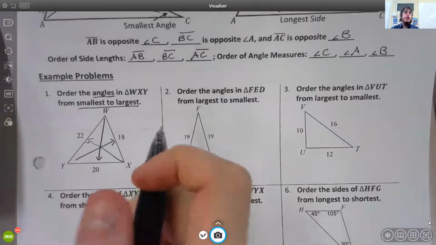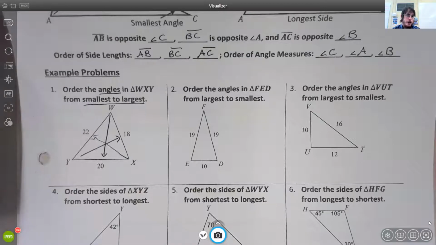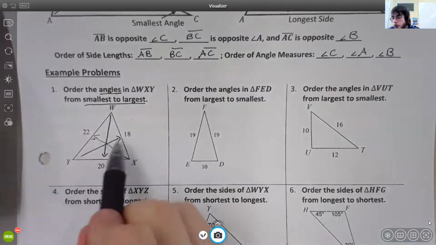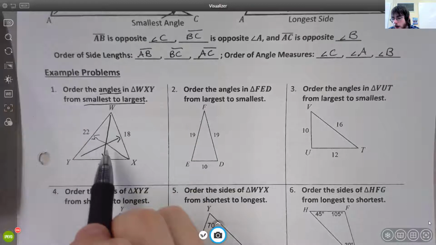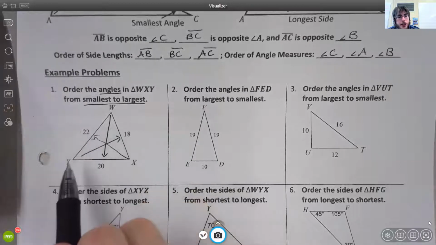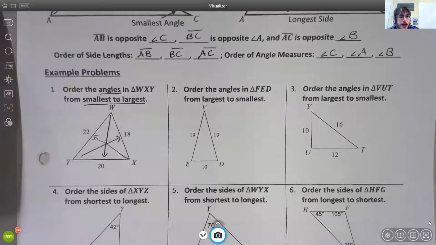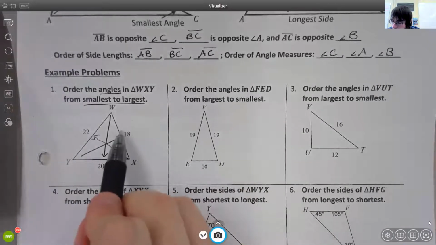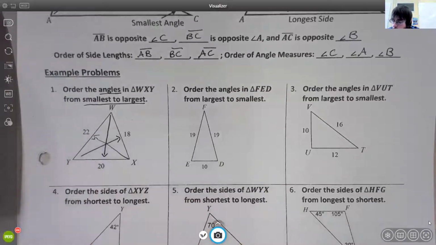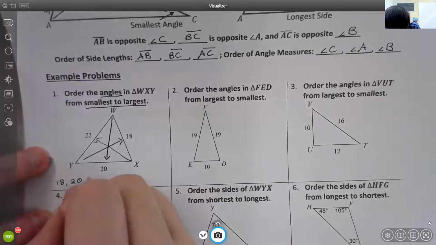Now, the smallest angle is opposite the shortest side. The largest angle is opposite the longest side. So whatever order our sides go in from smallest to largest would be the order that the angles have to go in, whichever ones point to those sides. So if we look here, we have 18, 20, and 22. So our order for that is 18, 20, 22.